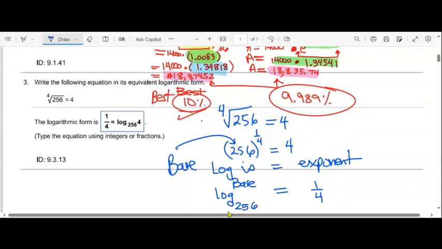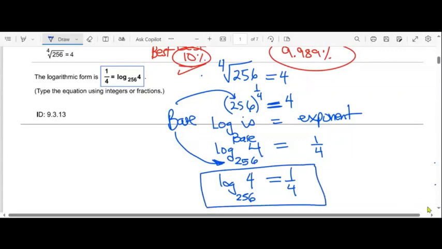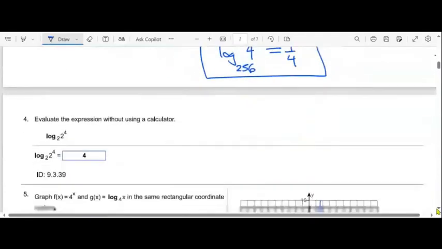That's the base. Sorry, I didn't notice. And it is equal to 4. So your answer is log base 4 of 256 equals 1 over 4. Easy. Let's go to the next one.